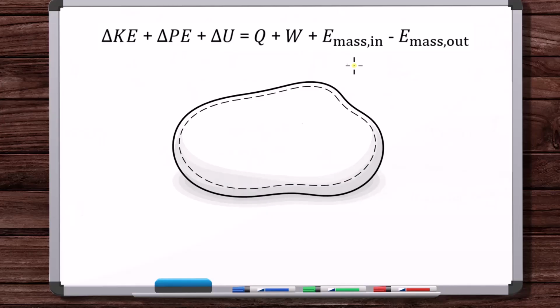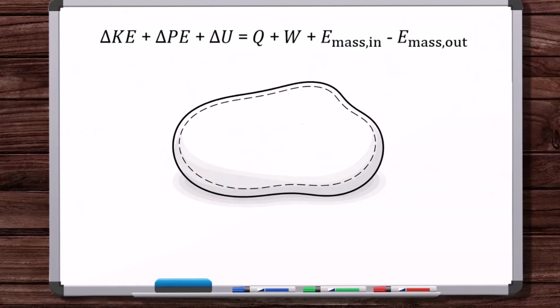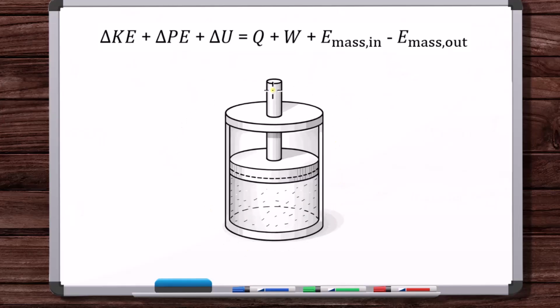Okay, and so now, can a system or a system boundary move or change shape? The answer is yes, absolutely. A system boundary can be fixed, moving, expanding, contracting, or deforming, depending on how the system is defined. So consider a piston cylinder.